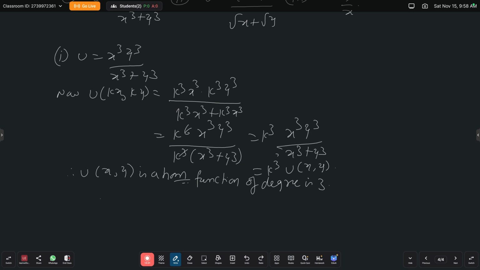Therefore, by Euler's theorem, x into dou u by dou x plus y into dou u by dou y is equal to n into u. n is nothing but 3, so 3 into u. That is the solution for the given function u is equal to x cubed y cubed by x cubed plus y cubed.